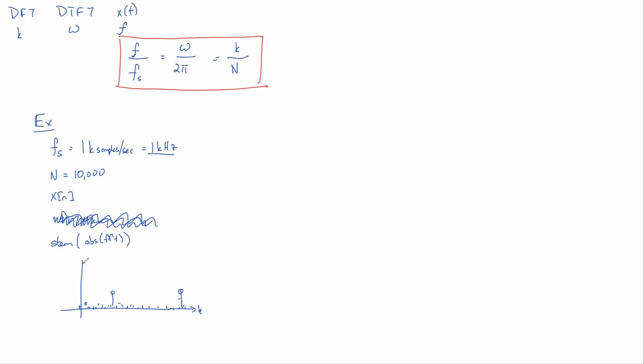So you see a spike over here. This is the stem of the FFT. You could say in math terms, this is the absolute value of your DFT. And we've got points going all the way up to, since you're starting off at 0, 9,999.